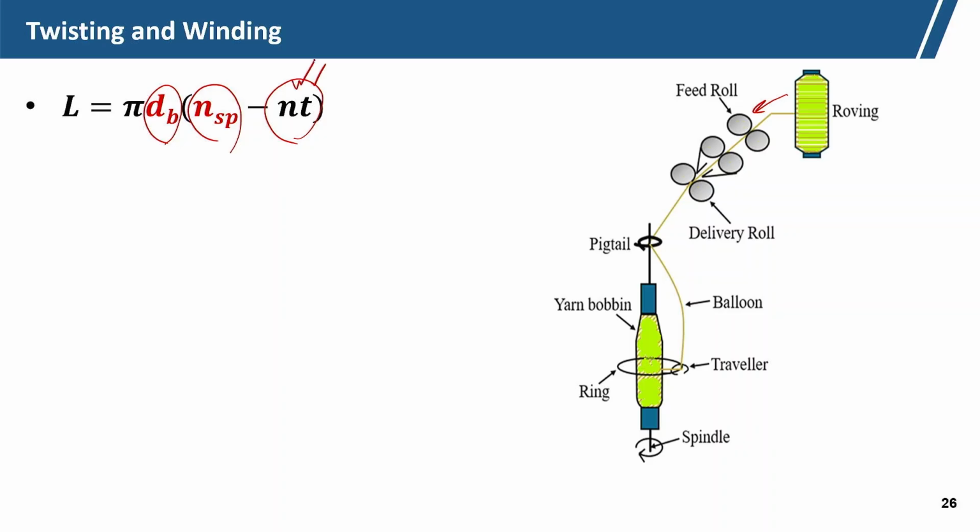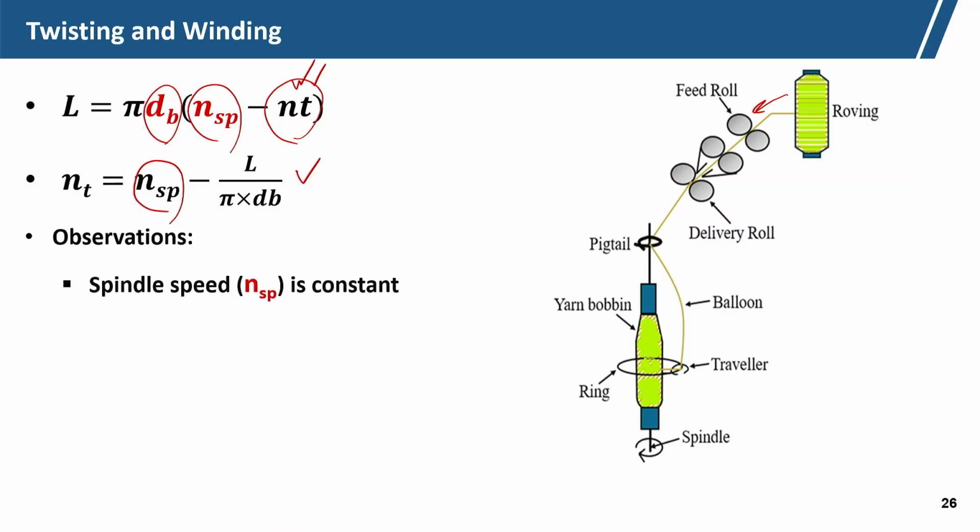NT is the RPM of the traveler. Now, NT equals spindle RPM, so we can just rearrange this: L by pi dB, where dB is the bobbin diameter at any instant.